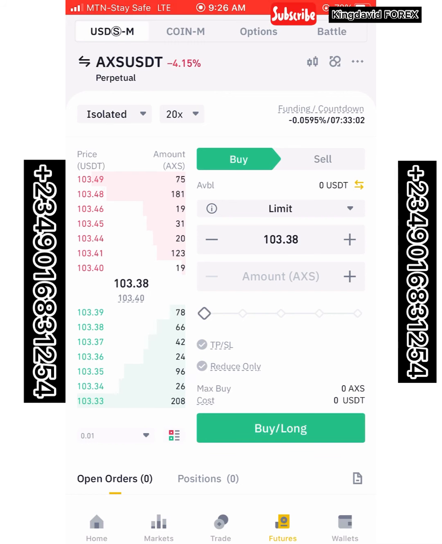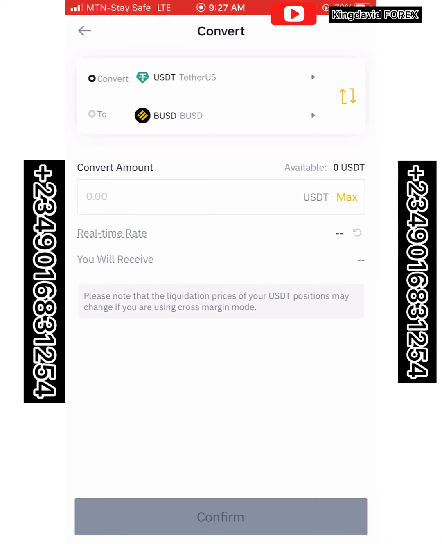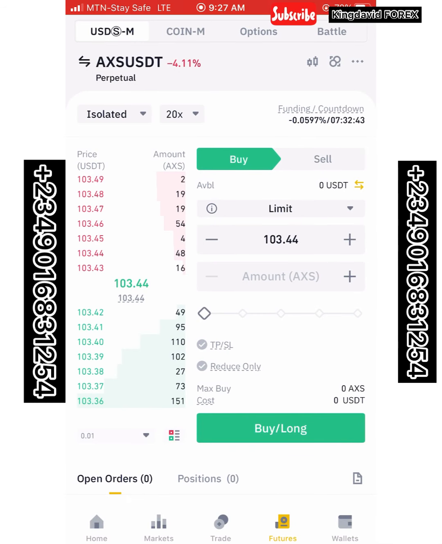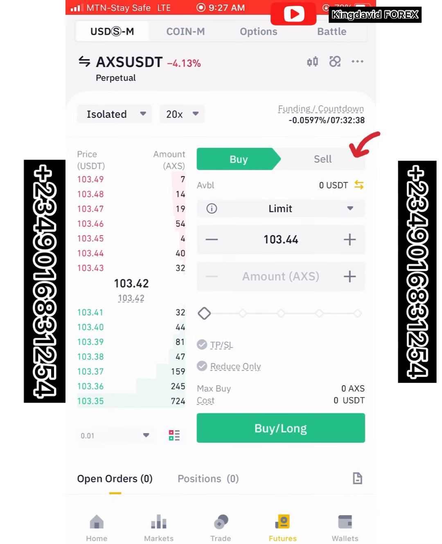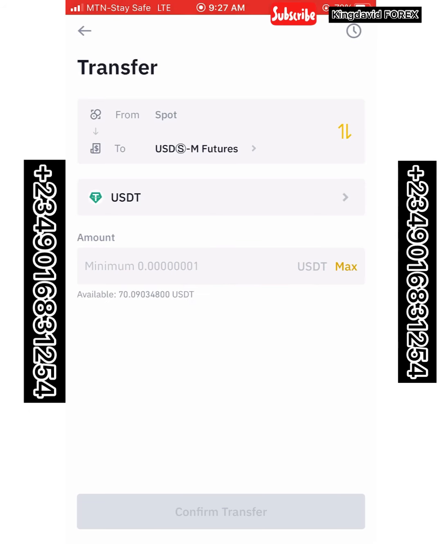Okay, so the very first thing you have to do is to transfer your money from your spot wallet to your futures. It's very simple to do that. You just come to this USDT. You see this left side, you see this arrow here. You click on it.